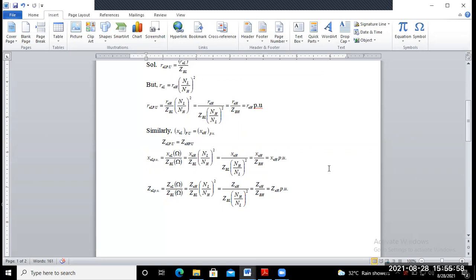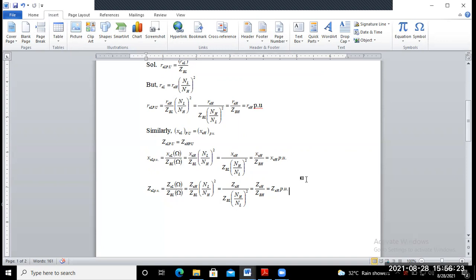Okay, so you may directly use this when you solve a numerical problem of this type. That means in per unit. So in a particular type of problem, the per unit resistance of one side is given to you, and you are asked what is the per unit value on the low voltage side.